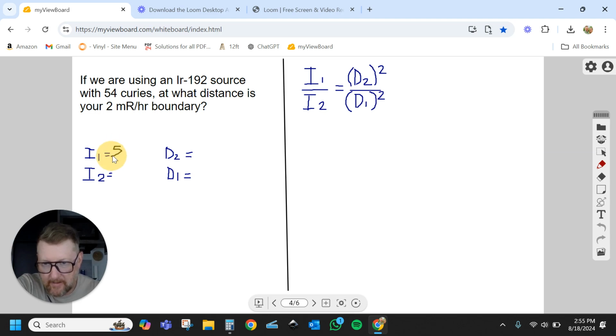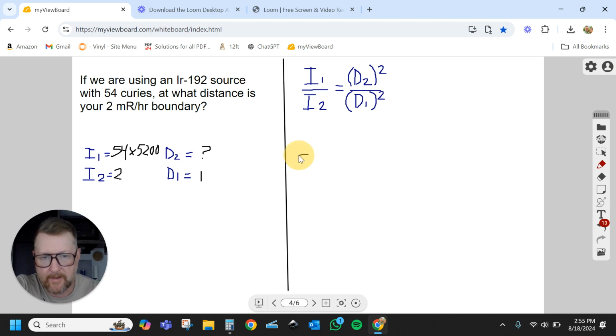We're going to have to figure out 54 curies times our dose rate constant, which is 5,200 MR per hour at 1 foot, that our distance 1 is 1 foot. Now, at what distance is your 2 MR boundary? So we know intensity 2 is 2. We don't know what our distance is.